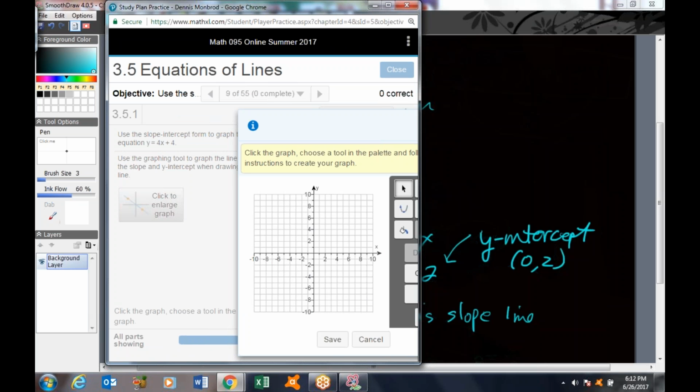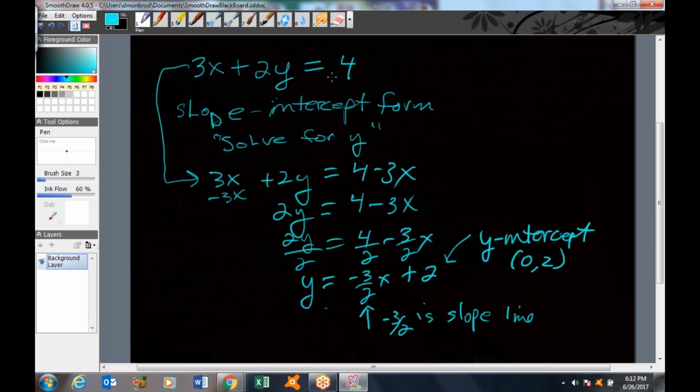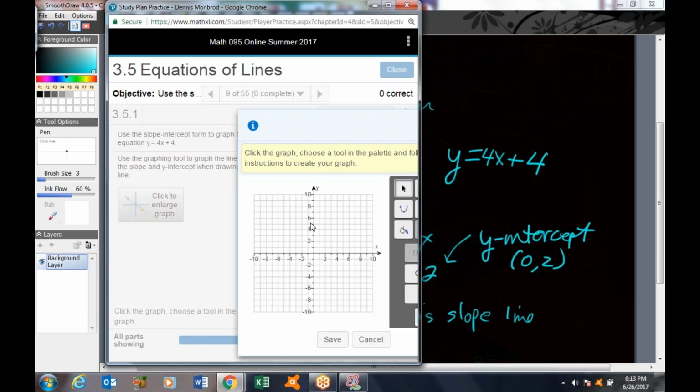In this case, I'll put it over here, so maybe we can see it while we're working: y equals 4x plus 4. Okay, so now back over here. We see our slope is 4, and the y-intercept is 4 also.